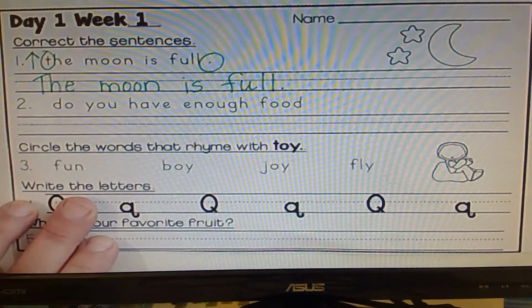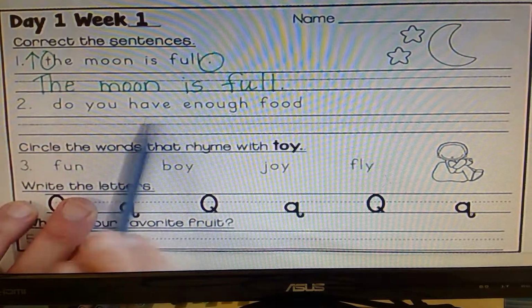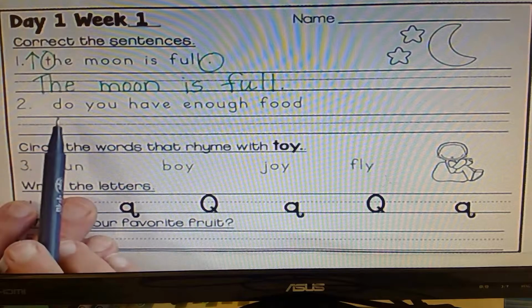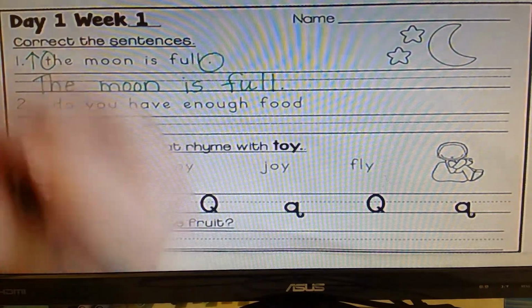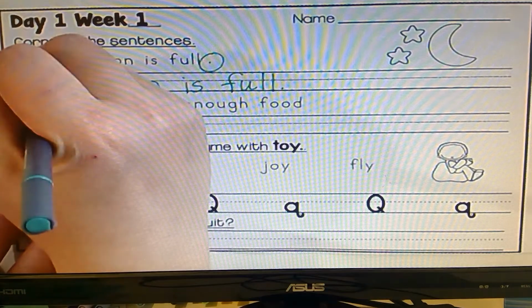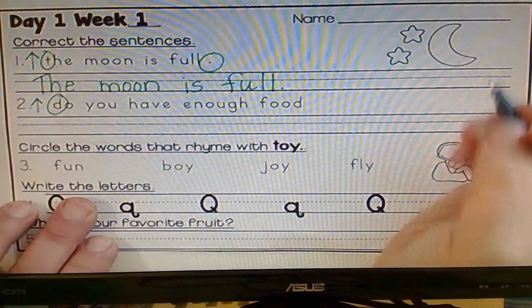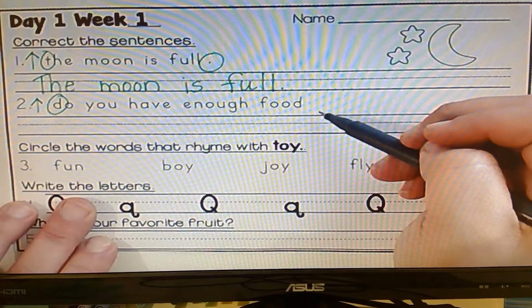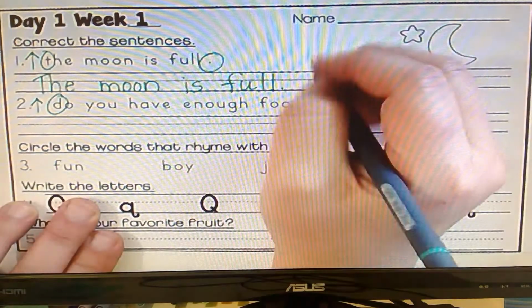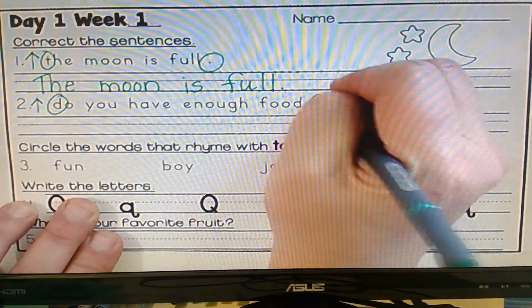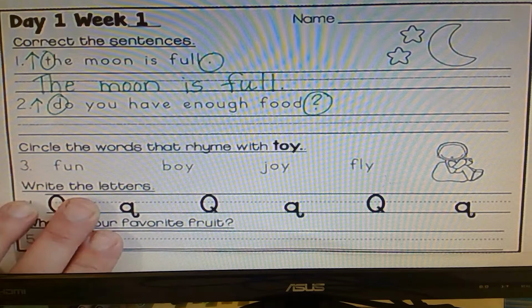Nice job. Number 2 says, do you have enough food? Do you have enough food? Okay. You need a capital D. And you need punctuation. What kind of punctuation does this sentence need? Is it a telling sentence or an asking sentence? I hope you noticed that it's an asking sentence, so it needs a question mark.